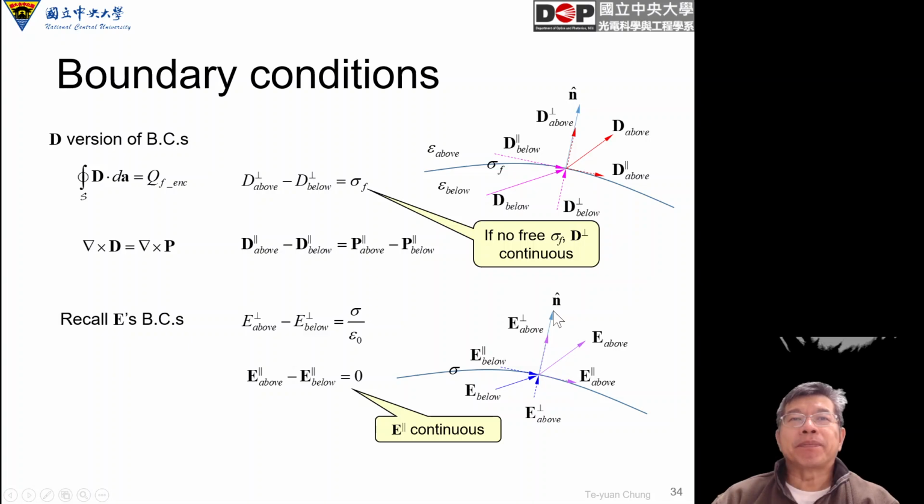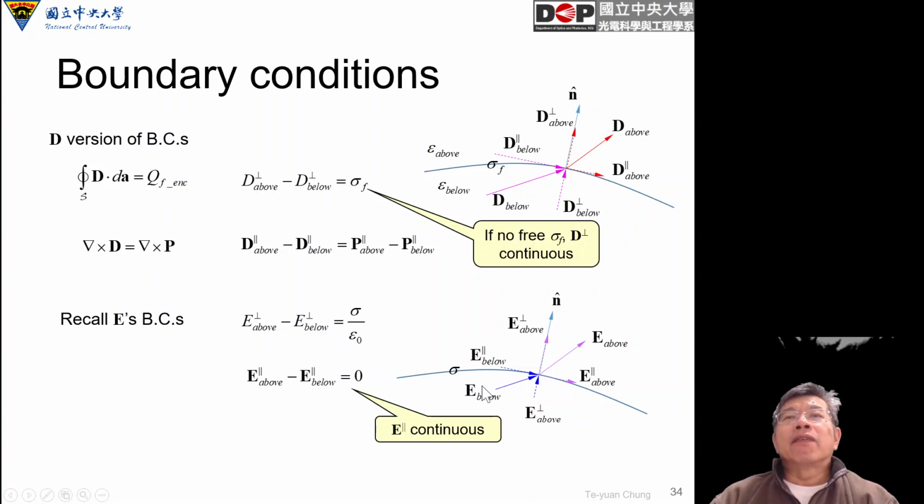So now, the boundary condition of the electric field is telling us the electric field on the top and the bottom. For the perpendicular components, they have a relation in which the surface charge density plays a role.